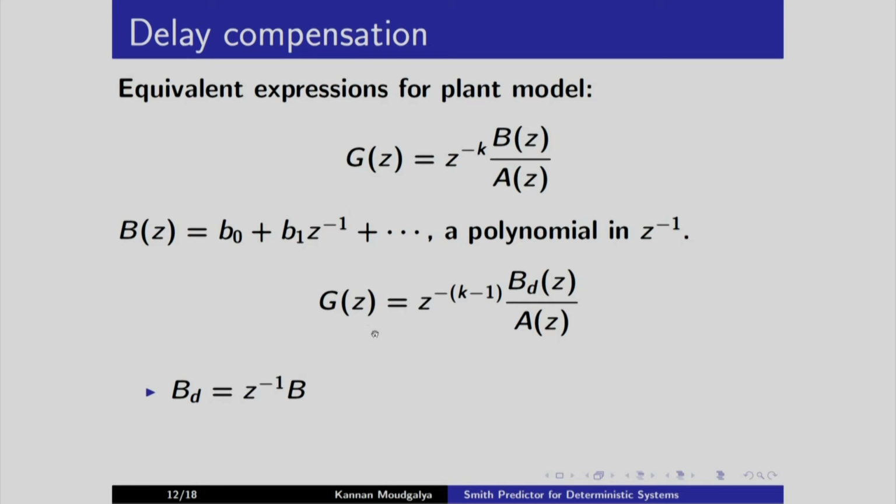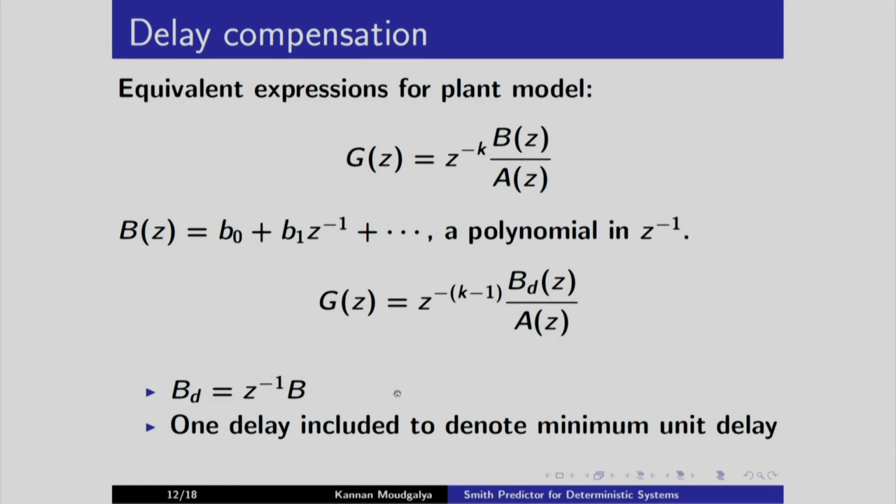Let us write the same transfer function G(z) as z power minus k minus 1 with one delay included in bd. So if I substitute this here, multiply it out, you will get this equation. As I mentioned earlier, one delay is included in bd to denote minimum unit delay. It also prevents algebraic loops.